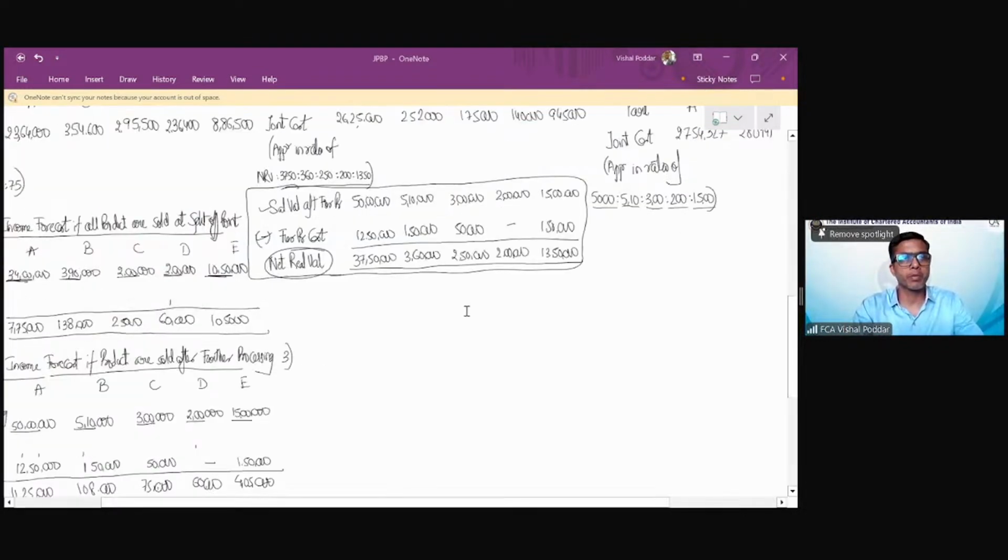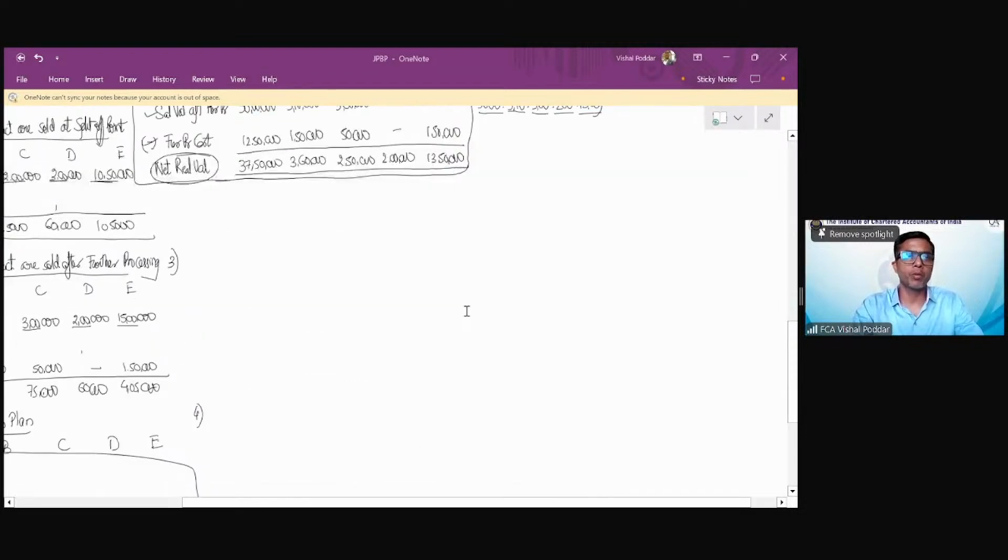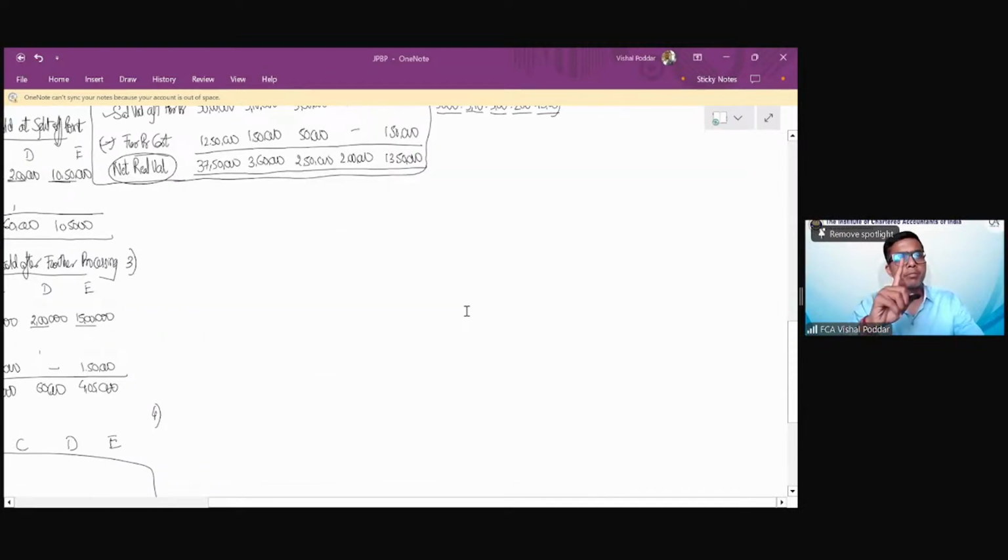Now, in all these four methods, what we did was we apportioned the joint cost. We computed profit at split off, profit after further processing. And by comparing these profits, we came to the fourth part, that is decision making. Now, it may happen that a question may be requiring only the decision making part, nothing else. They don't want you to apportion joint costs.